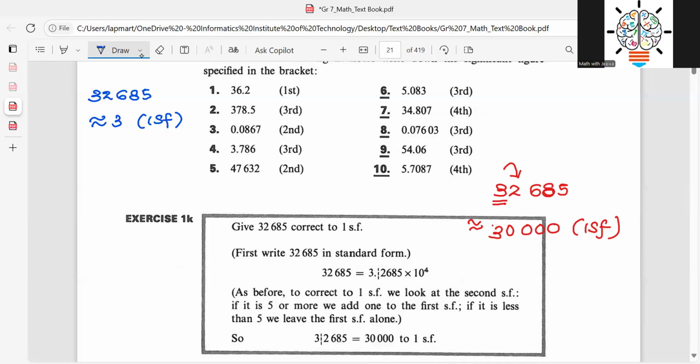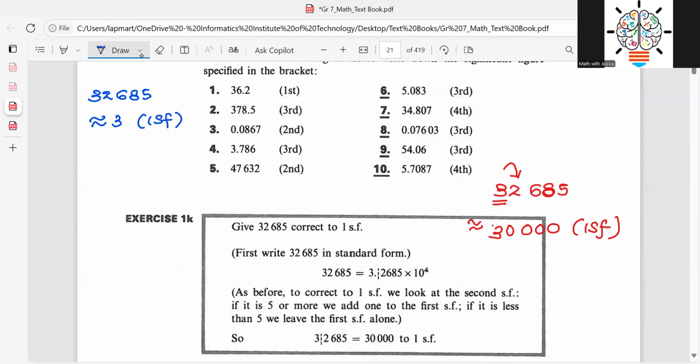32,685, when you correct to the first significant figure, approximately how is it equal to 3? It is wrong, children. So then approximately it is equal to 30,000. How? I mark the first significant figure digit, that is 3. I look at the next digit, which is 2, less than 5.